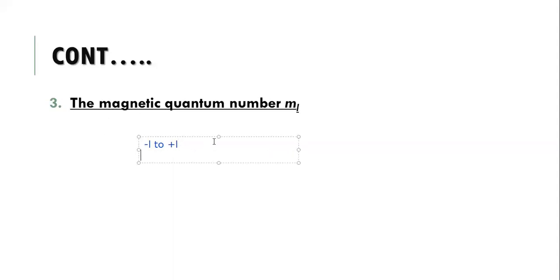What does this say? The orientation of orbitals. And it also explains the possible values of L, which denote the number of orbitals in the subshell.